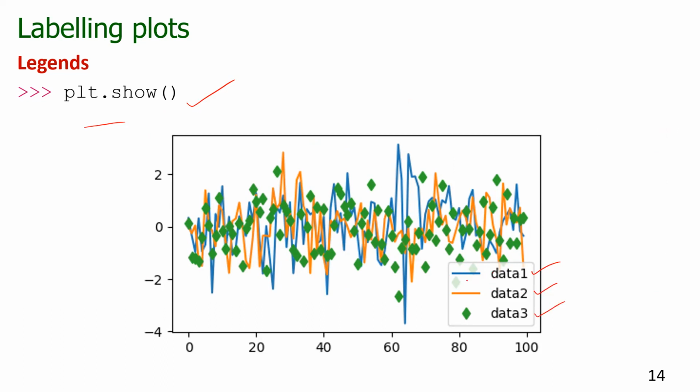By default, it takes a line with automatic colors. For the third, we have defined D, so D means diamond. This is the color it has taken. So this is called a legend, which discriminates all the plots. This is the example of legends.